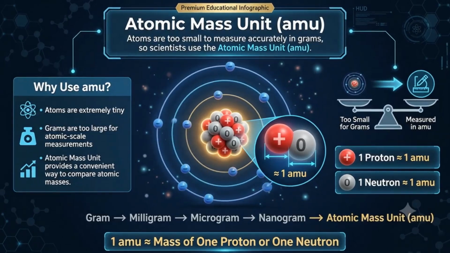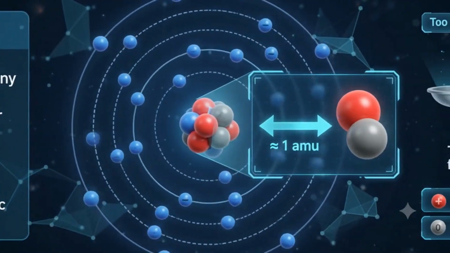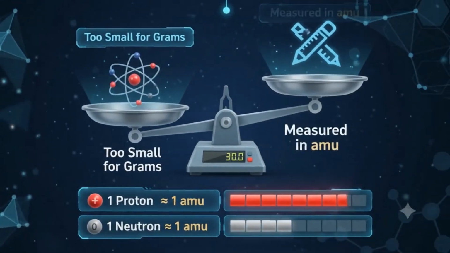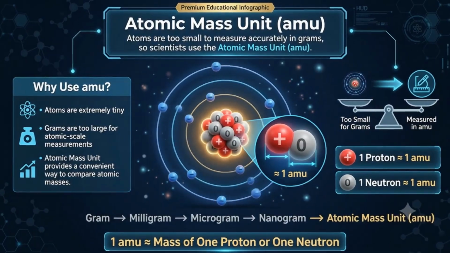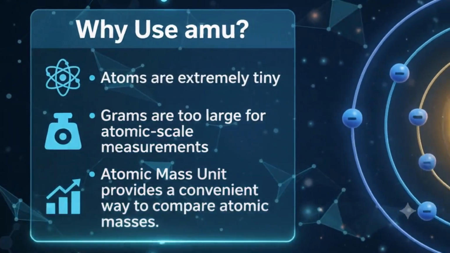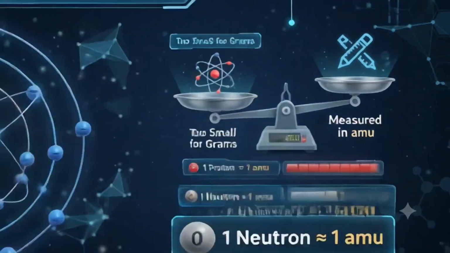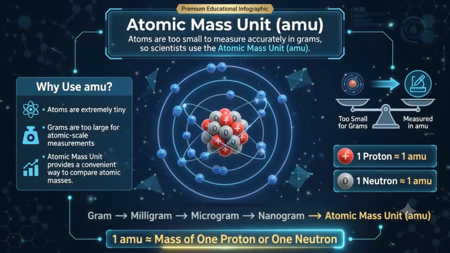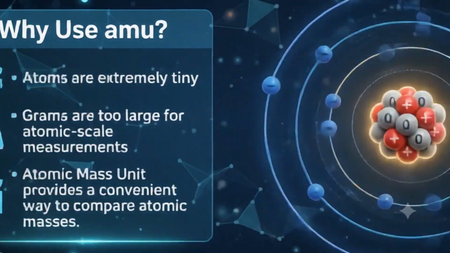Now that we have learned about the structure of atoms, atomic number, mass number, neutrons, neutral atoms, and ions, the next important concept is the atomic mass unit, commonly abbreviated as AMU or simply u. The atomic mass unit is a special unit of mass designed specifically for measuring the masses of atoms and subatomic particles.